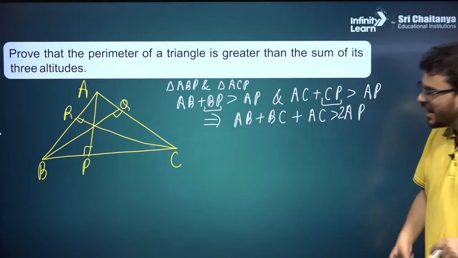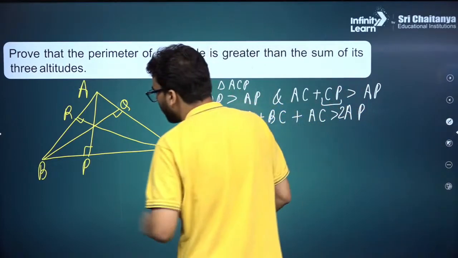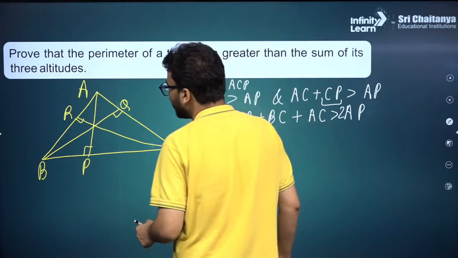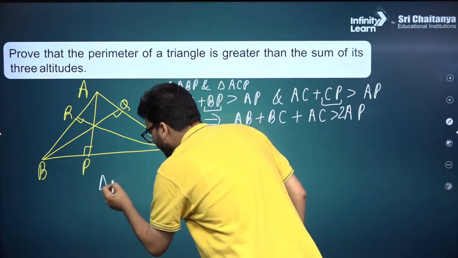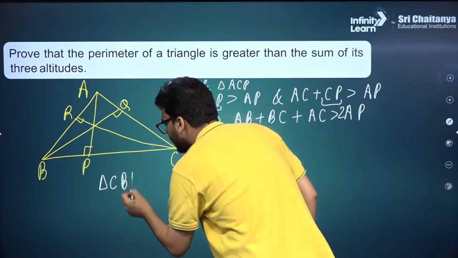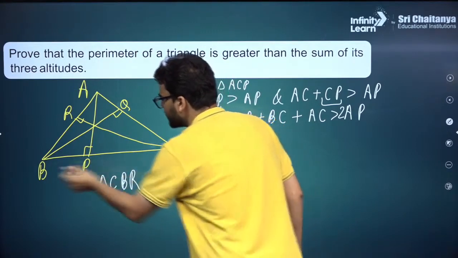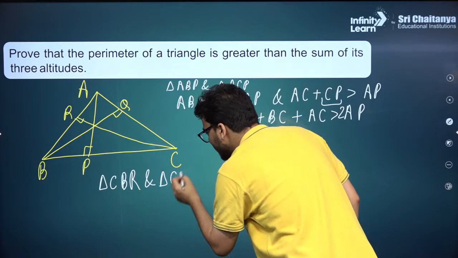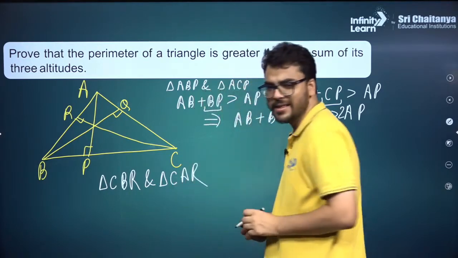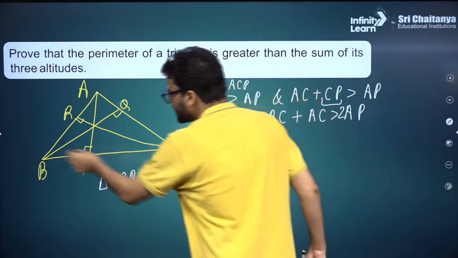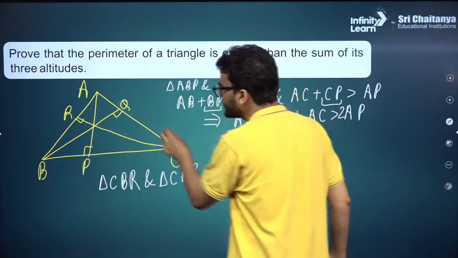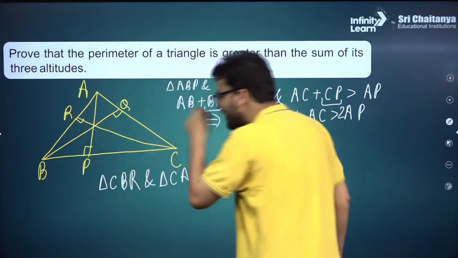You got that logic? In the same manner, if I talk about triangles CBR and CAR, in these two triangles you can write CB plus BR is greater than CR, and CA plus AR is greater than CR.